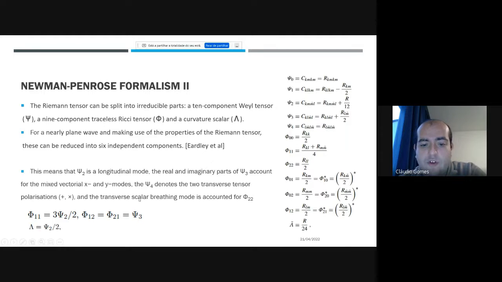Moreover, there is also a further scalar mode, namely the transverse scalar breathing mode.